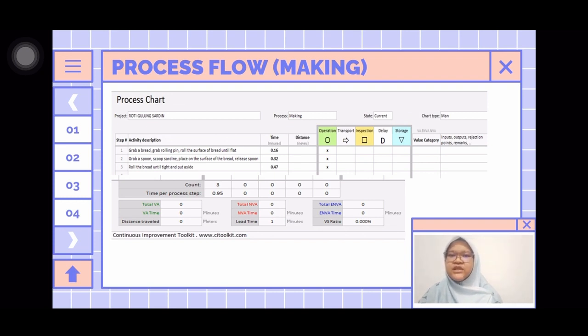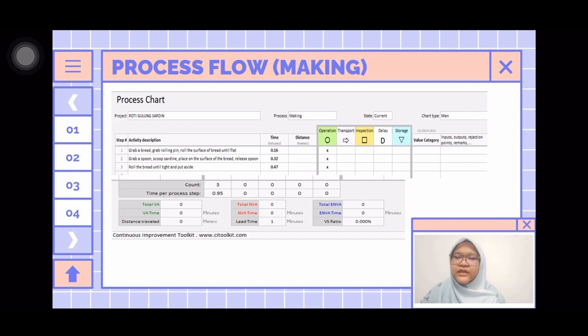First step, we need to grab a spoon, grab a rolling pin, and roll the surface of the bread until flat. Second step, we need to grab a spoon, scoop sardine, place it on the surface of the bread and release the spoon. For the third step, we need to roll the bread until tight and put it aside.